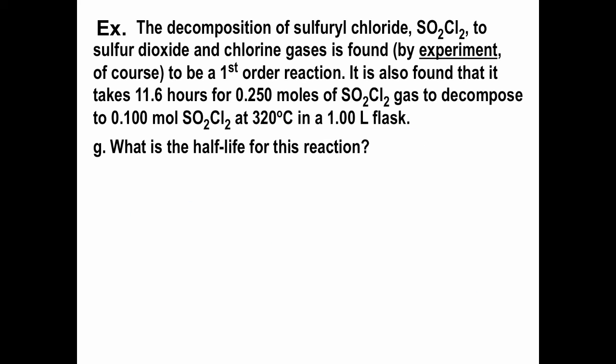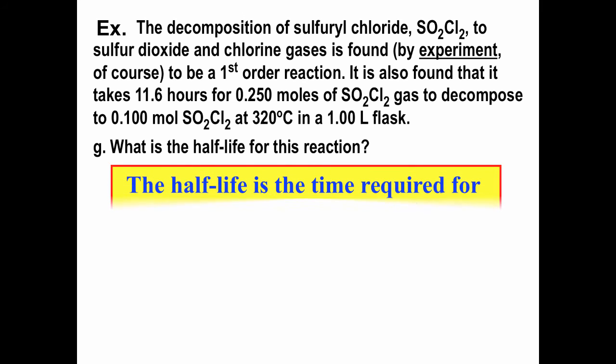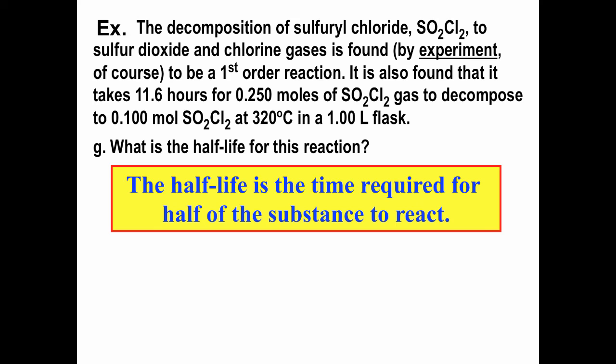And then the last part of this question is, what is the half-life for this reaction? And first of all, what is a half-life? The definition of a half-life is the time required for half of the substance to react.